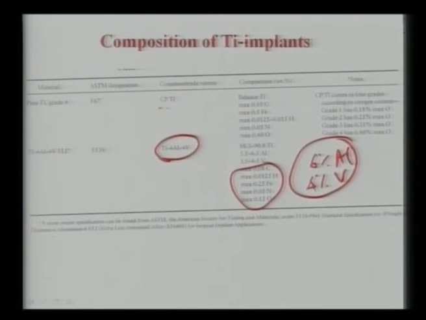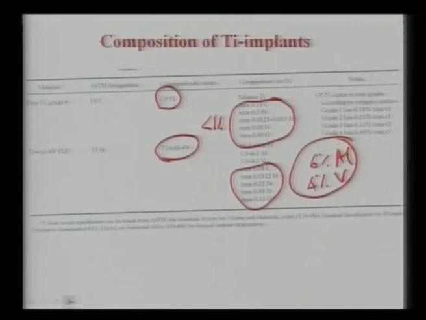The other one is commercially pure titanium. Here all the alloying elements in combination are less than 1%, and it has 99% purity titanium, which is called commercially pure titanium.